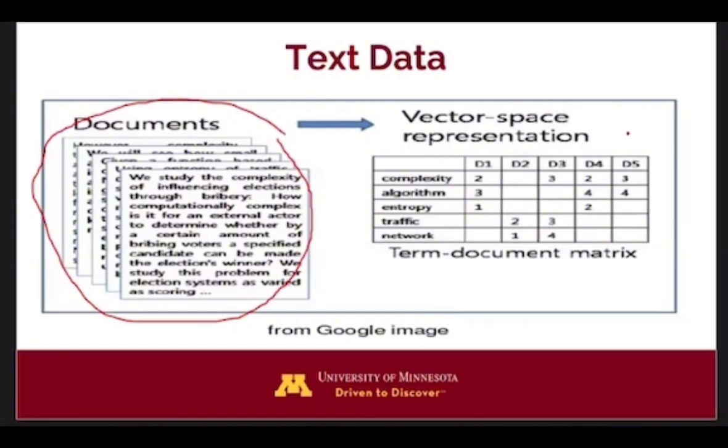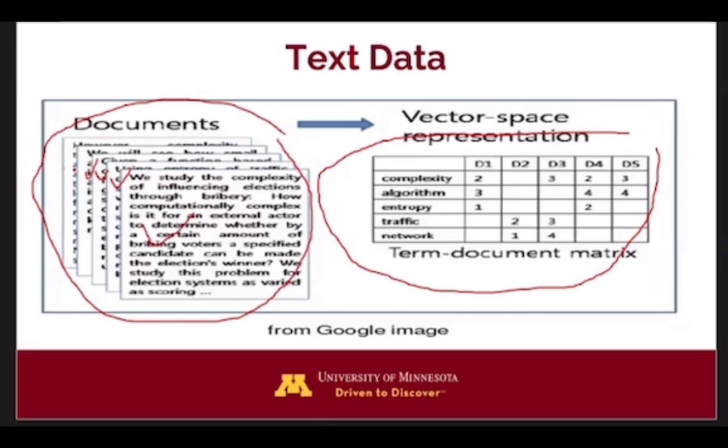Now, this is a matrix vector representation. Okay. Now, you know what I'm doing here? D1, D2, D3, D4, D5. They represent my documents. Document 1, document 2, document 3 up to document 5. Of course, if you take a look at what I'm showing here, this is document 1, this is document 2, this is 3, this is 4.